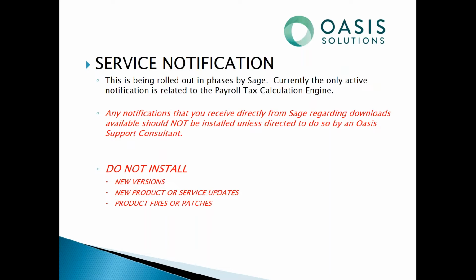The reason is, especially if you have any customizations, custom programming, or third-party add-ons, they may not be compatible with a brand new version, and you may overwrite those customizations, and then your system could possibly be down. So before you automatically install anything related to your Sage products, check with us first so that we can advise you.